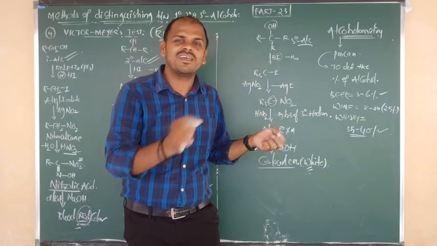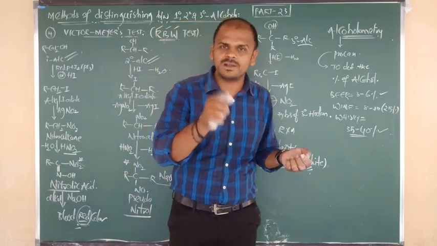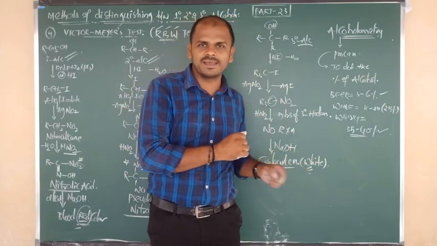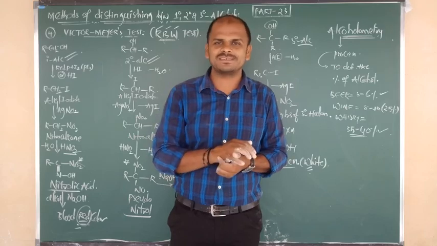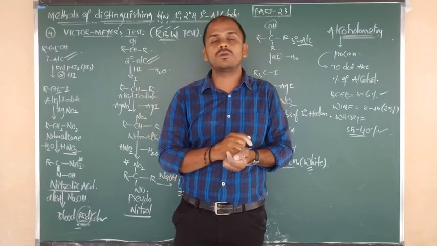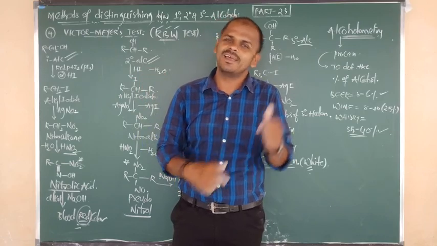I hope you understand. Revise the synopsis, practice the reactions up to now, up to the Victor Meyer test. After that you do the practice. If you have any doubt, send it to me and I will tell you how to solve that question. Right. Good.